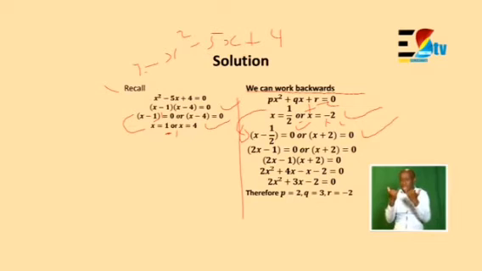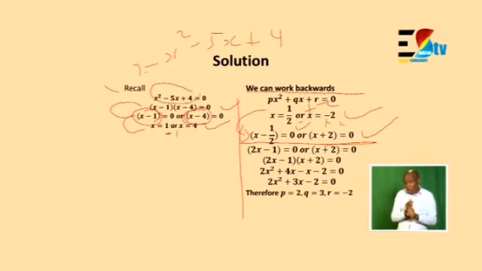So now we are at this step. We go back again in our recall, we check what we did next. Next, these are the factors, we call them the factors of the quadratic function. So what we do now, we combine them, we multiply them together and we equate to 0.